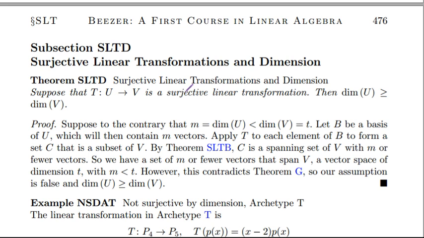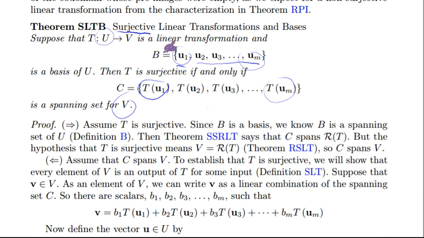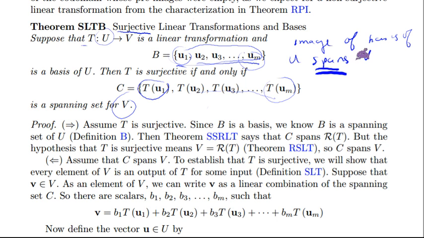So what does that tell us about dimension? Suppose the first set here, the U's, is a basis. We know that if the transformation is surjective, then the image of a basis also spans the codomain. So we say the image of a basis of U spans V. Now, what does it mean that it spans V?